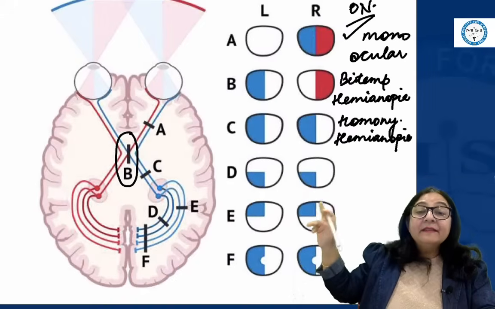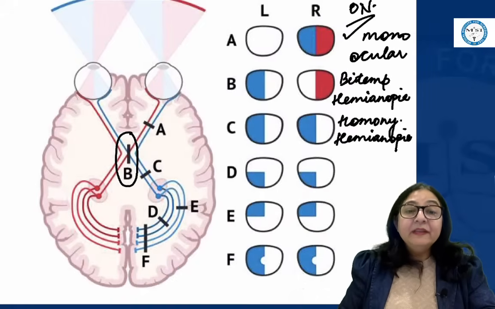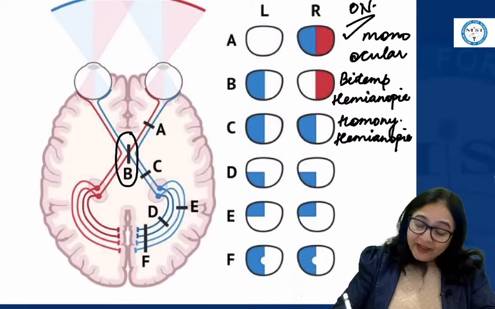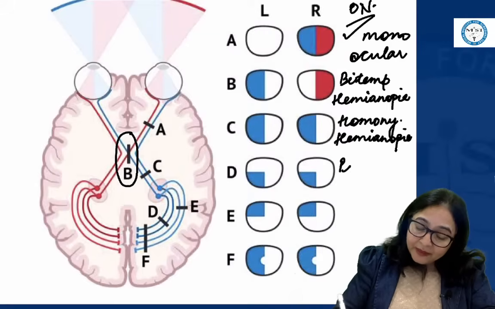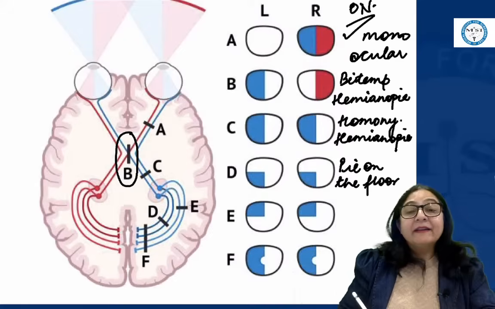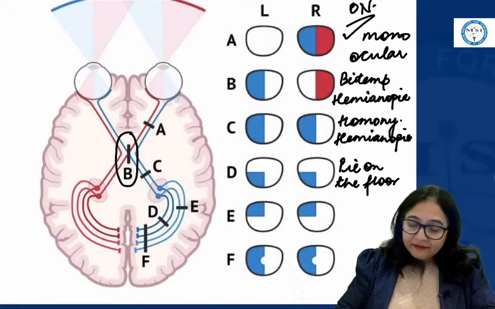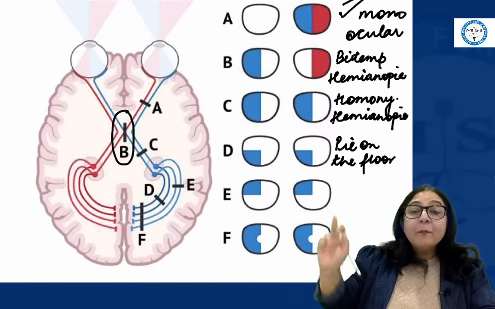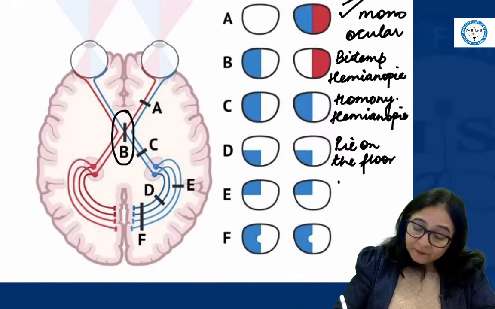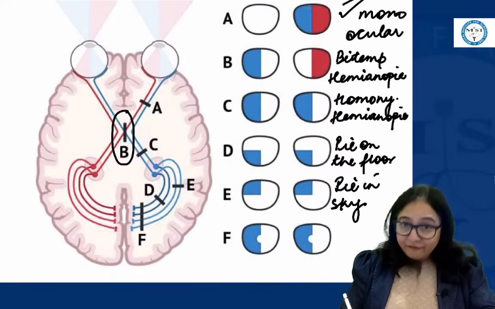If the lesion is in the parietal lobe, that will cause pie on the floor or inferior quadrantic defect. If the lesion is in the temporal lobe, then it causes pie in the sky or superior quadrantic defect.